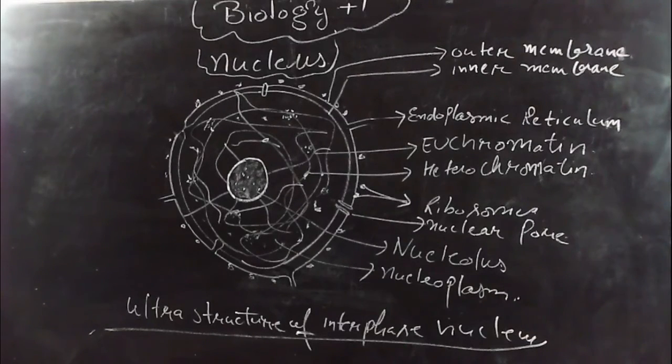Ribosomes are formed in the nucleolus part of the nucleus. It helps in the cell growth and its maintenance.